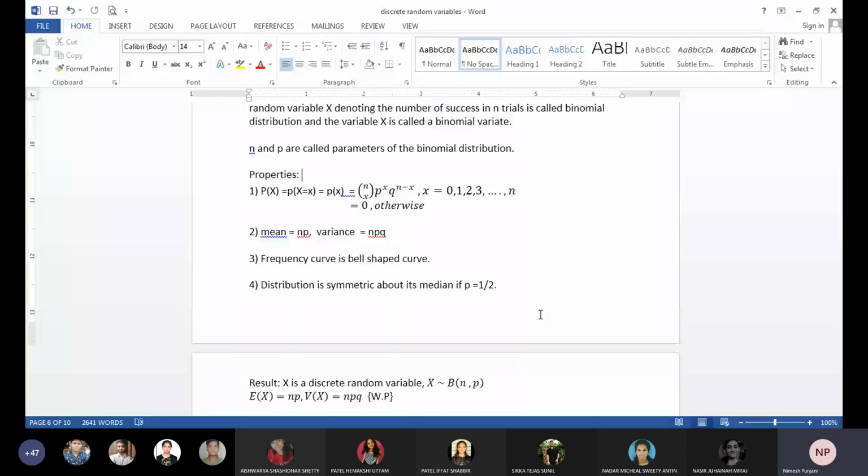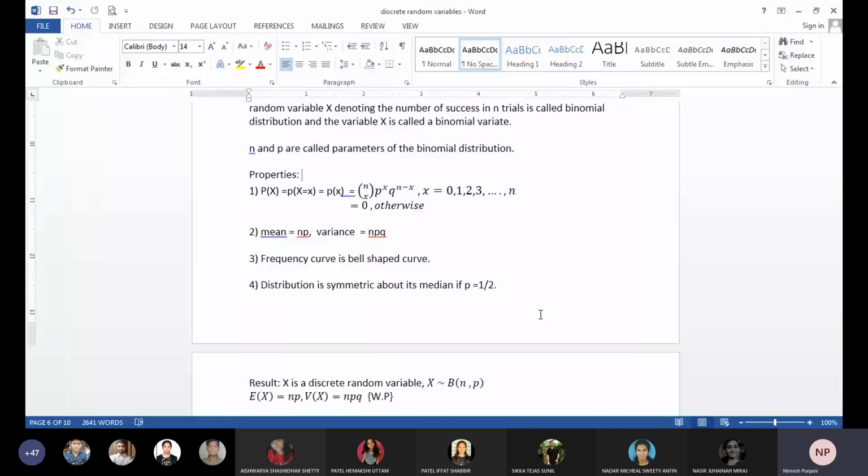The frequency curve for a binomial distribution is a bell-shaped curve. The distribution is symmetric about its median if p is equal to half.